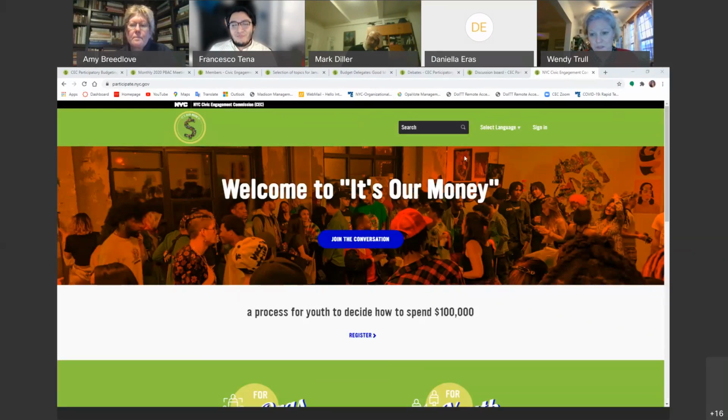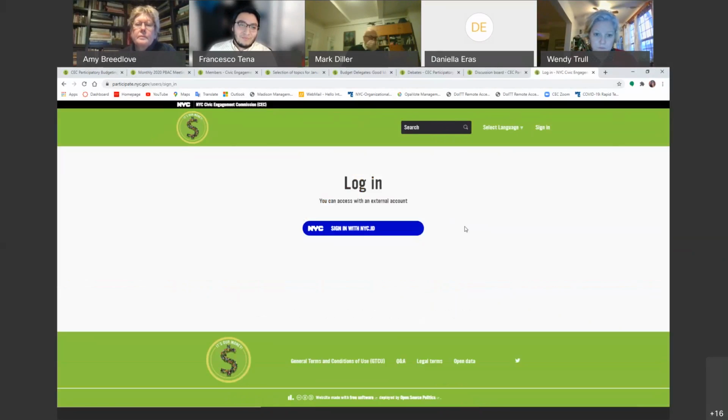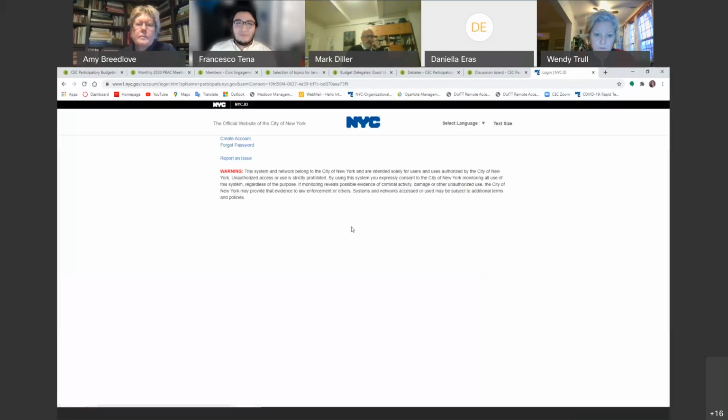I also quickly want to show how to create an account for those who are interested, and we encourage you to do so. So if you go to the home page, participate.nyc.gov, you click on sign in. It should take you to where to log in. So if you click on nyc.id, it will take you to the different options.